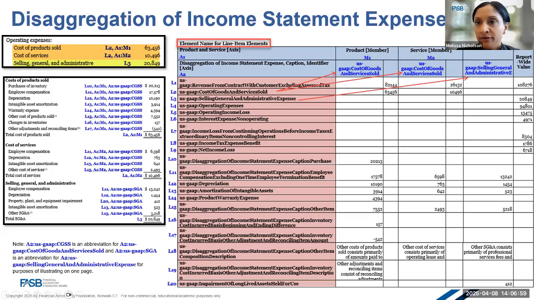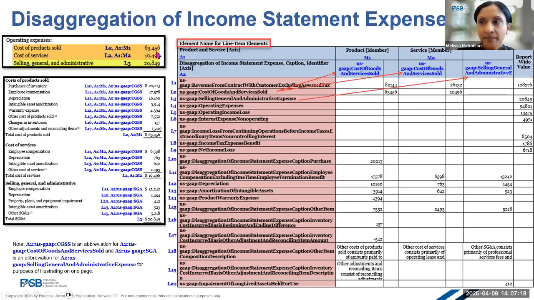Which is what you see here, for example, the 2849 is tagged with the US GAAP selling general administrative expense, and that is the same member value that is used for that caption, used as a container for that caption, if you will.